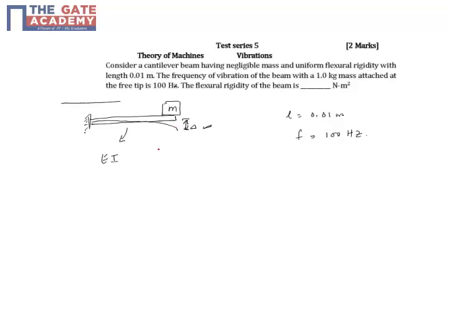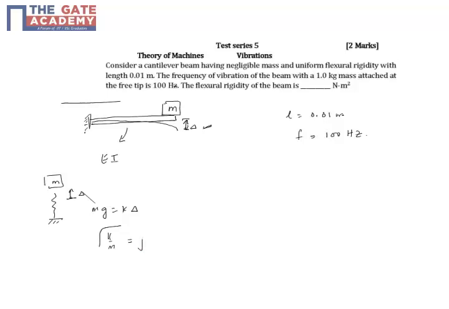Now, how do you get this delta? Understand that when you have a spring and you have a mass m, and the static deflection is delta, how do you write it? The mg is k delta, and what is your natural frequency? Natural frequency is root k by m.